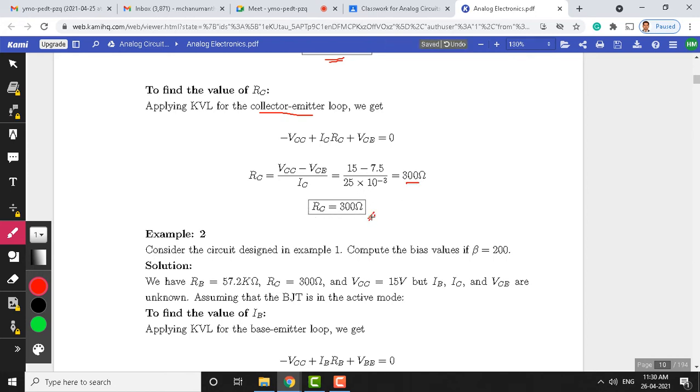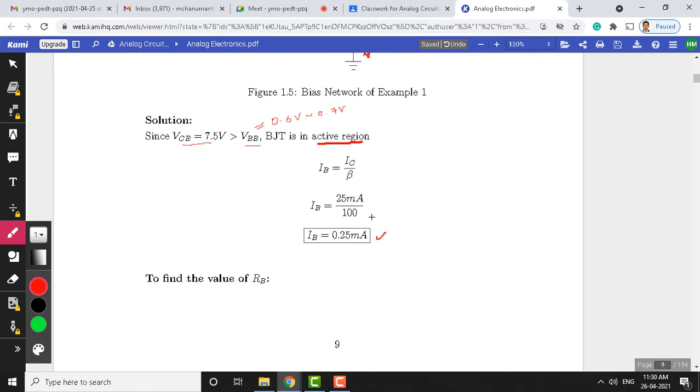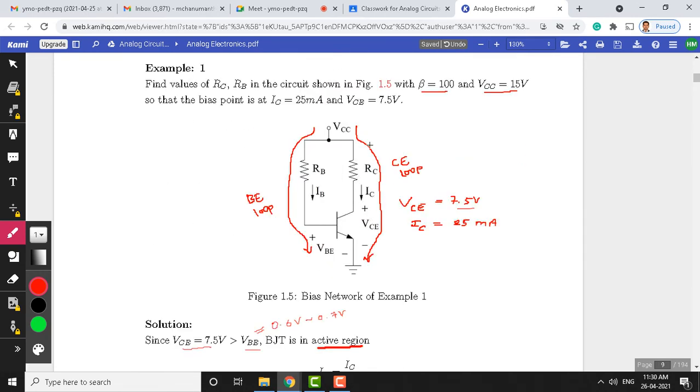So, our ultimate aim in this problem is this: the values of the currents and voltages are given, especially beta of the transistor is given, the supply voltage is given, and the collector operating point is given. With this we estimated the resistor values RB and RC. In the examination the reverse may also be asked, by giving RC and RB, the supply voltage and the base current, they may ask you to find out the operating point.